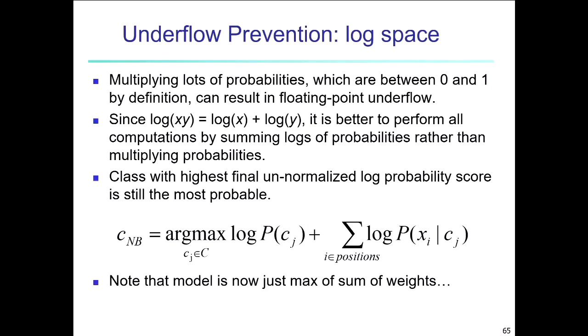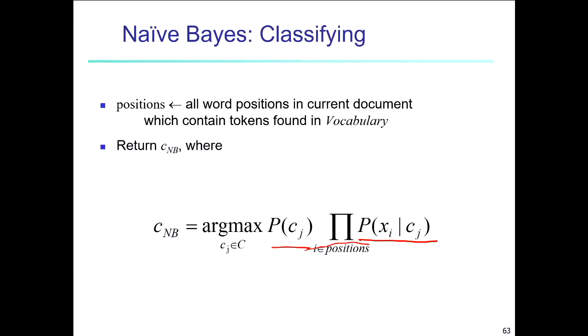So there's one problem, because we need to do a lot of multiplications here, and each probability of xi given cj is smaller than 1. You can think of, because we're doing text classification, these positions could be hundreds or even thousands.